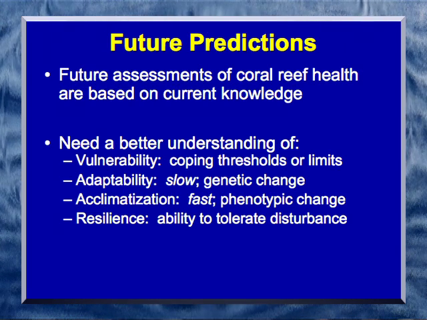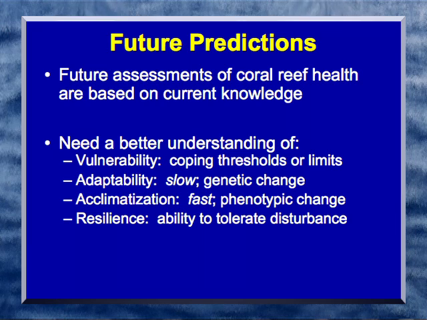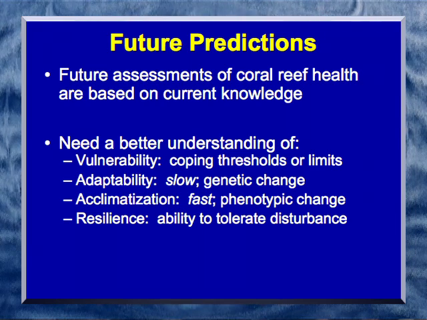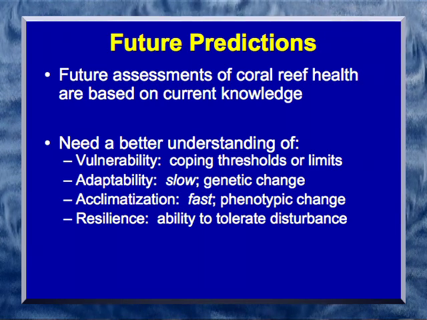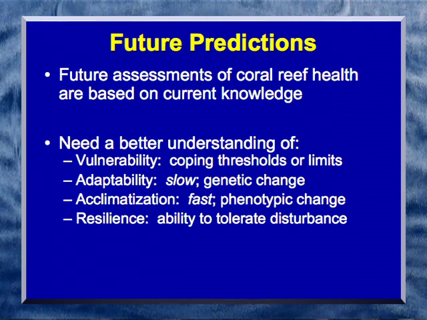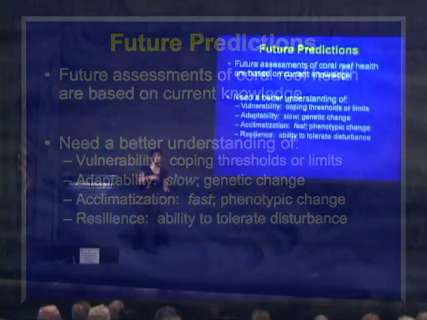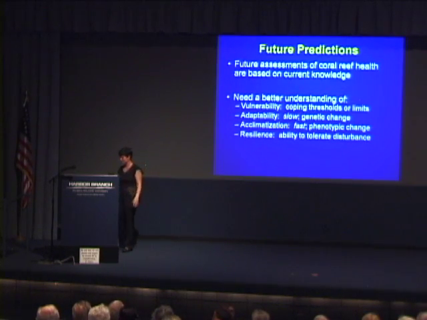But then there's acclimatization, which is fast, and that's a phenotypic change. And that can be a short-term solution that if they're able to acclimatize, then they're likely, if given enough time, to be able to adapt to a different changing environment. And we also need to know their resilience, which is their ability to tolerate disturbance. And this is important at the colony level as well as at the ecosystem level.